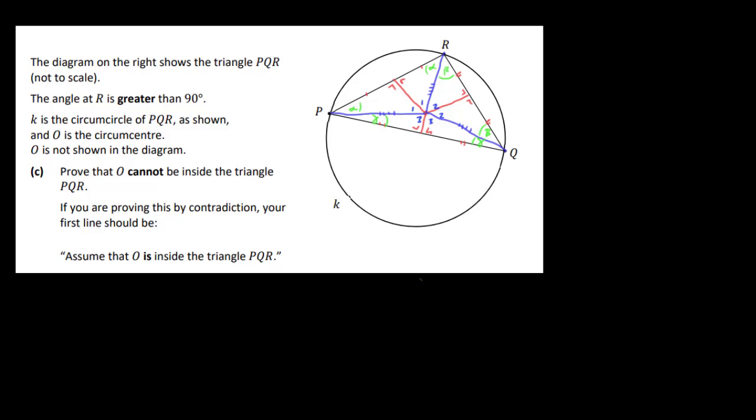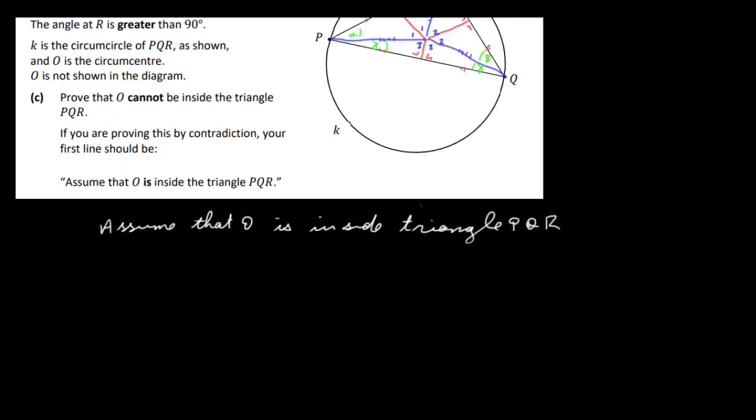So we're going to start here by assuming that O is inside triangle PQR. The way we normally start these things is we would say what we're given. So we're given a circle K and triangle PQR as shown.